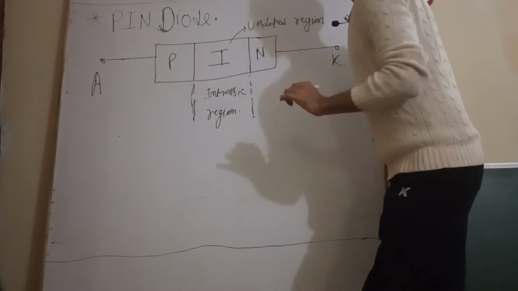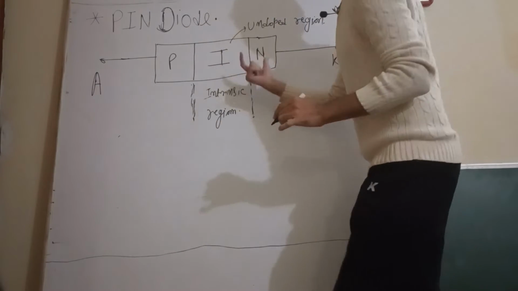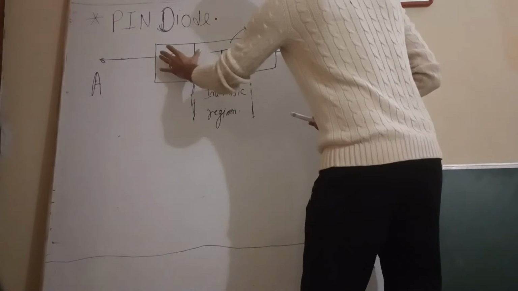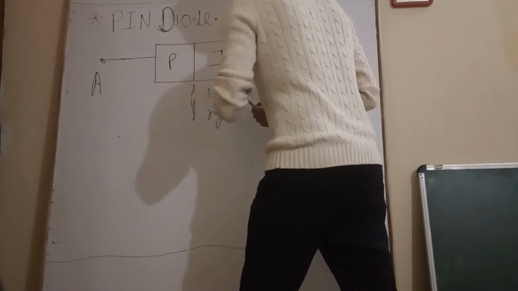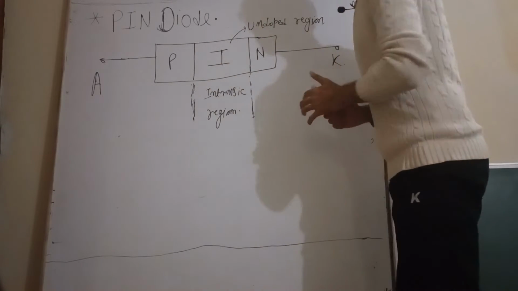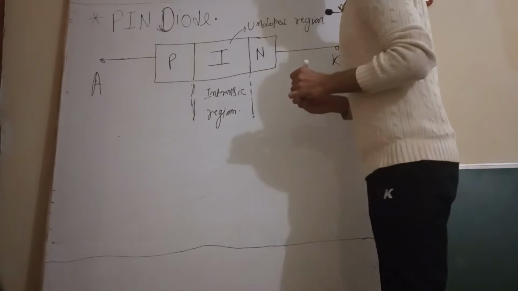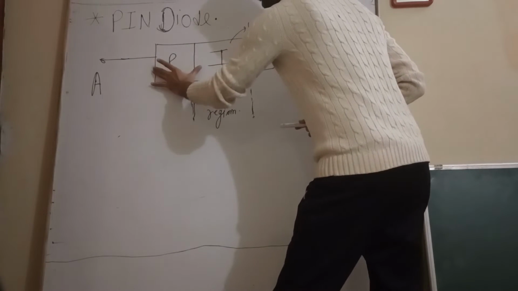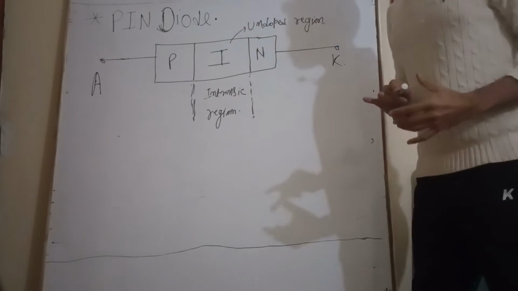It has charge carriers, but those charge carriers are immobile, and hence it acts like an insulator between these two doped regions. Therefore the intrinsic region provides a large resistance between the P and N regions.